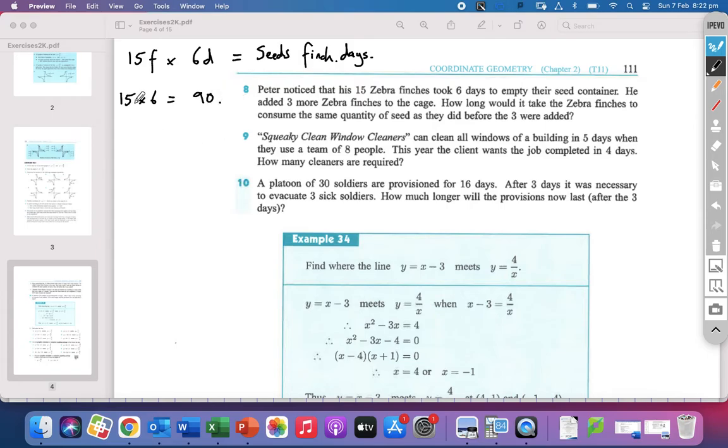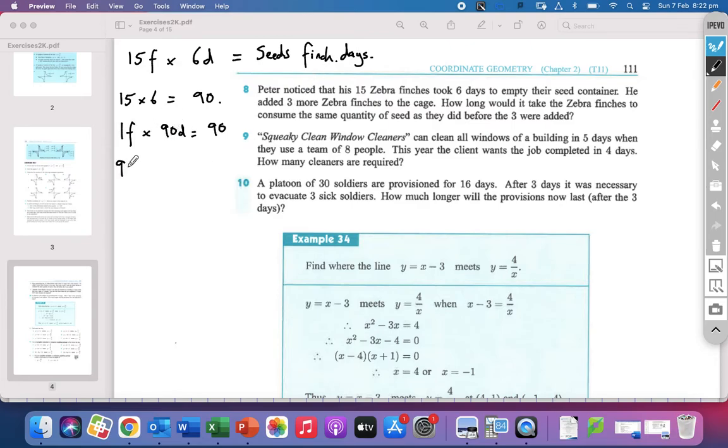So if I only had one finch times 90 days, it would be like I've got enough seed to last one finch 90 days. And that's what I'm working out. Or you could change this to 90.